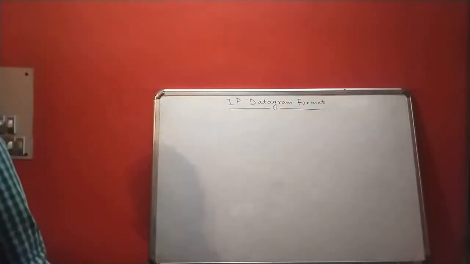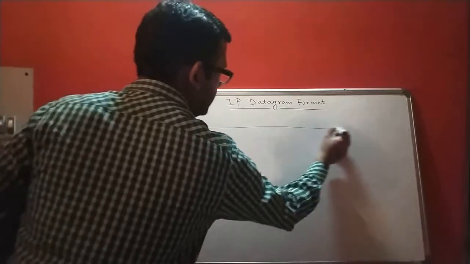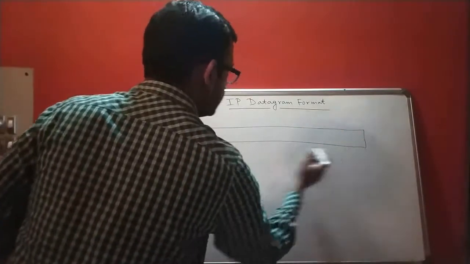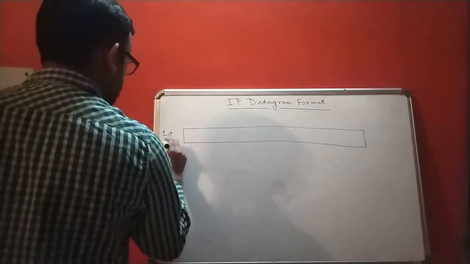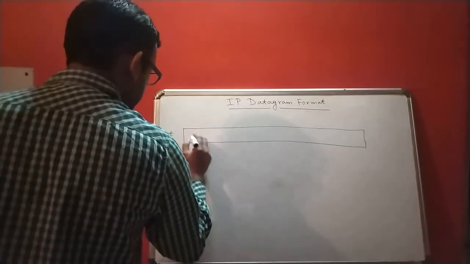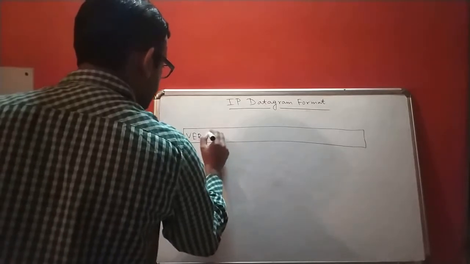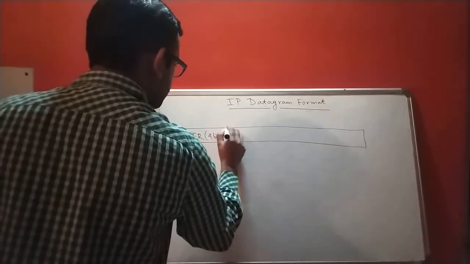The first row may be thought of as being made up of the following fields. This is the header format and I'm talking about the first row. The first field is the version number consisting of exactly 4 bits.